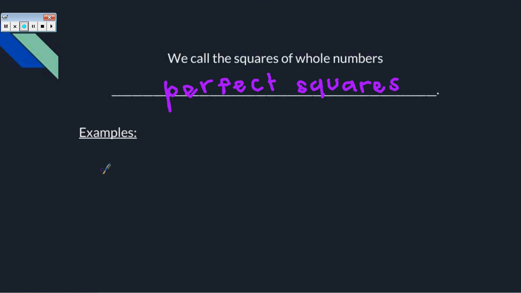Some examples of perfect squares would be 2 to the second power that we saw in the last slide, or 3 squared, which equals 9, 12 squared, which would be 144, up to any whole number that you want to take it to. We're going to be focusing on the first 20 perfect squares.